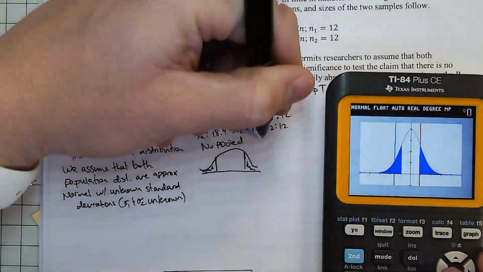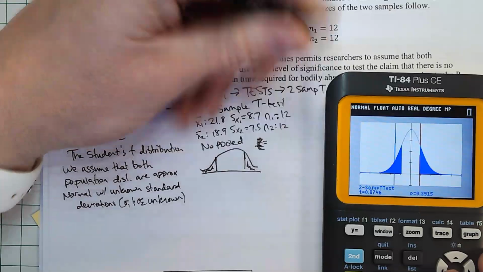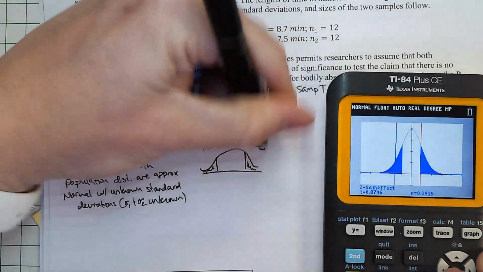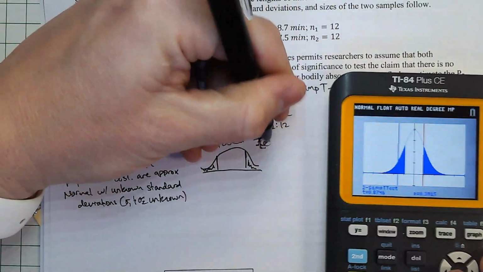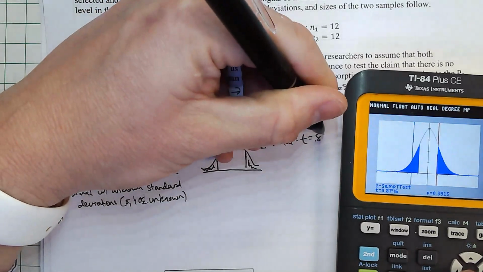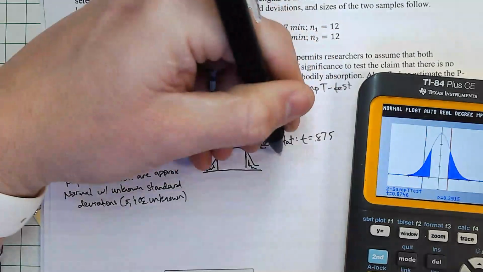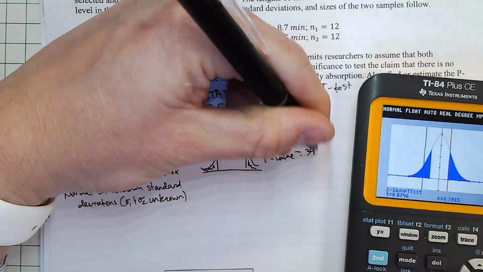And our Z value, or our T value, I apologize, T value, that's important. This is our test statistic. So our test statistic is T, that's 0.875. They usually go 3 spots on T. The p-value is 0.3915.